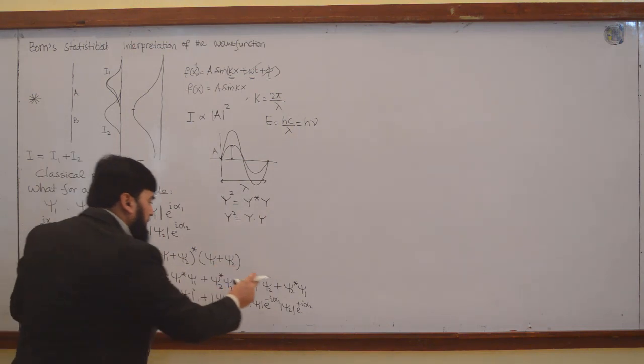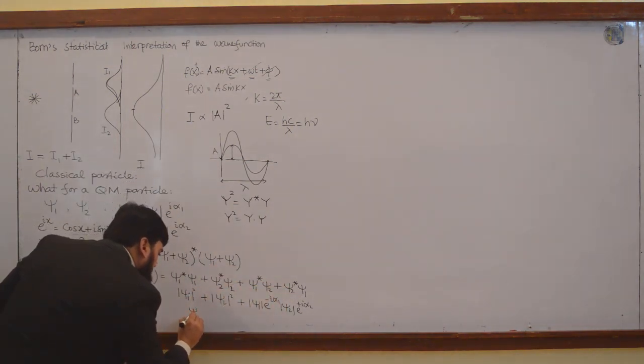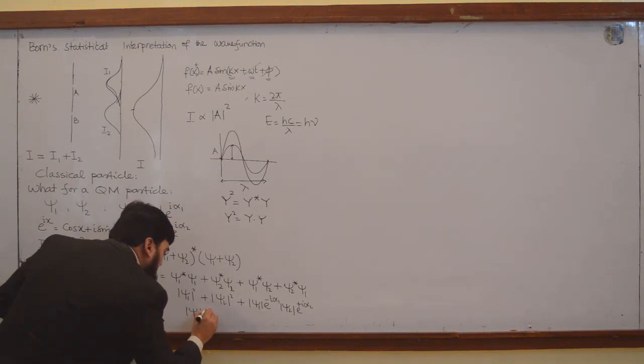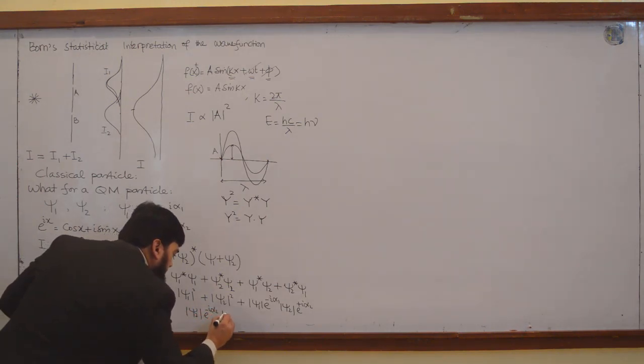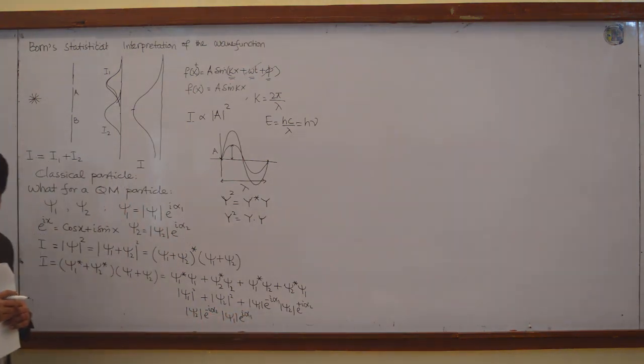Similarly, what about this one? This will be psi 2 and e to the power minus i alpha 2 and psi 1 and e to the power i alpha 1.